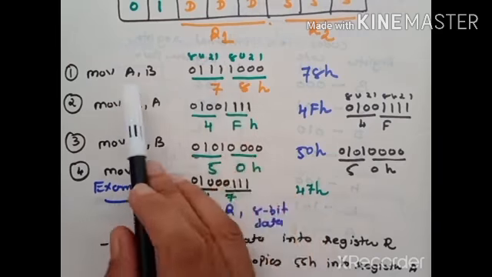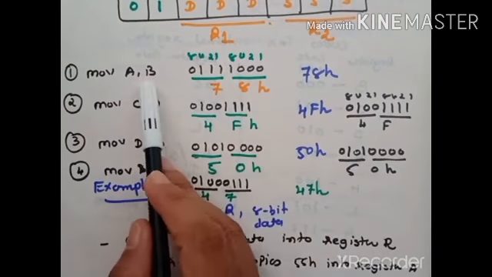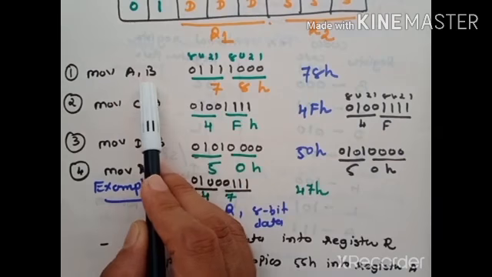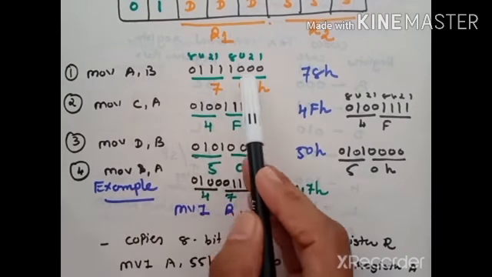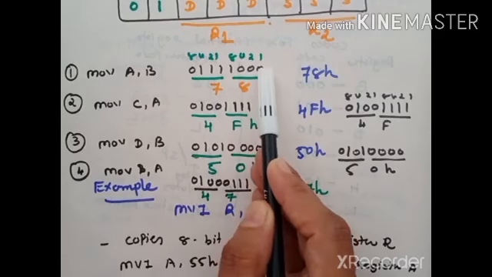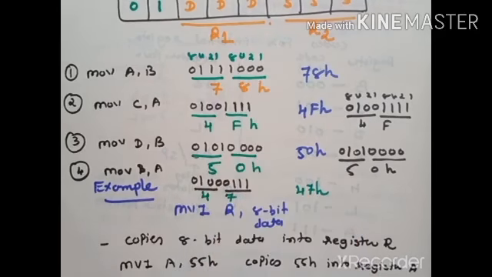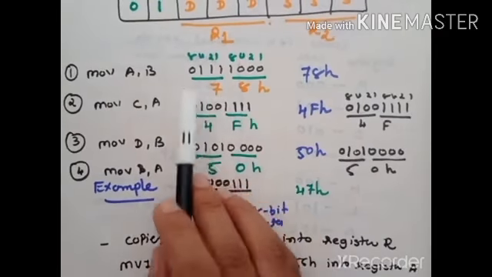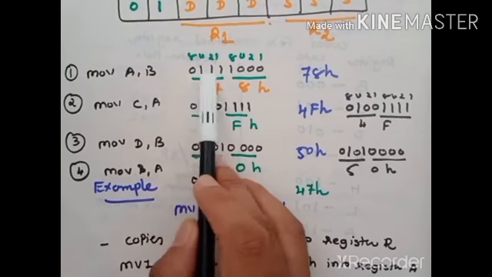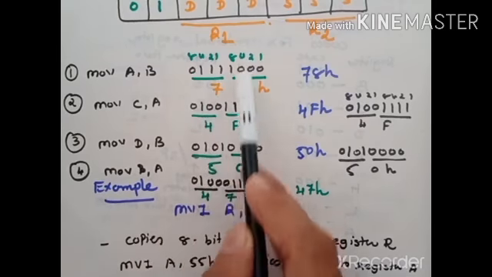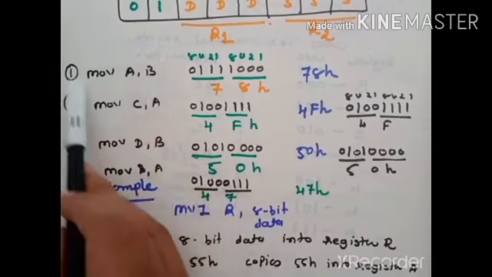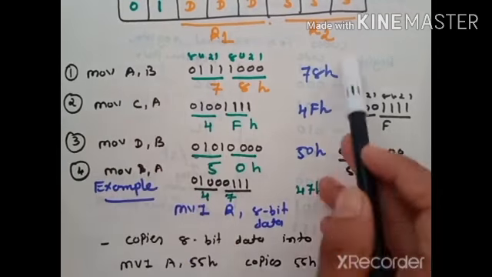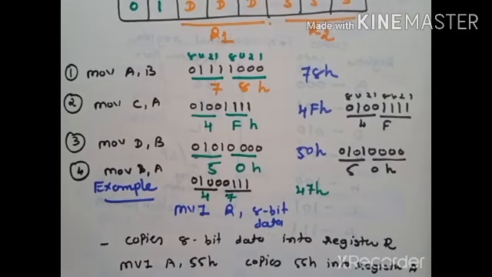As the source register, B is used, and the equivalent code for B is 000. Then according to 8421, find out the hex: this is 7 and 8. That means the equivalent hex code of MOV A,B is 78H.